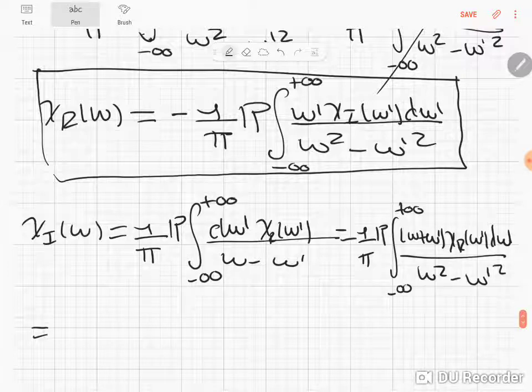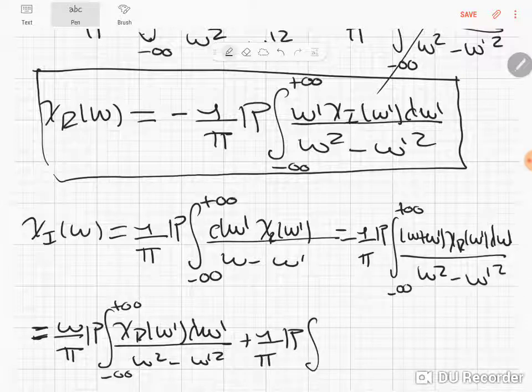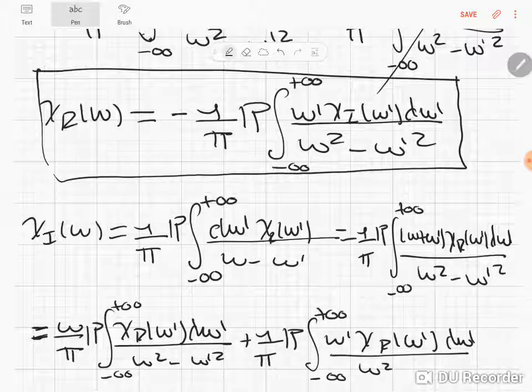See, so then this is the same here, so we have omega divided by pi principal integral from minus infinity to plus infinity of chi real of omega prime, d omega prime, over omega square minus omega prime square, plus 1 over pi principal integral from minus infinity to plus infinity of omega prime chi real of omega prime, d omega prime divided by omega square minus omega prime square.